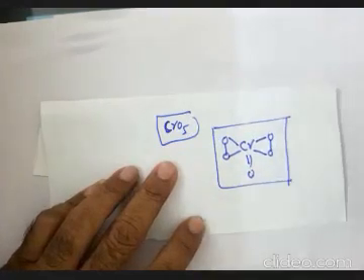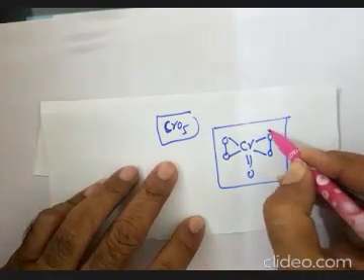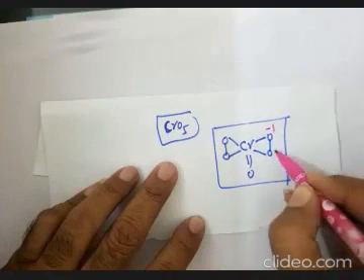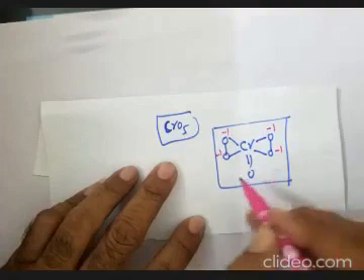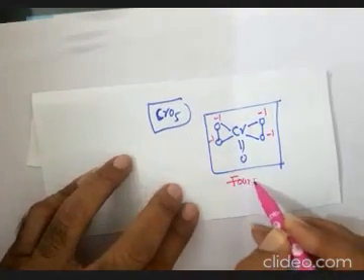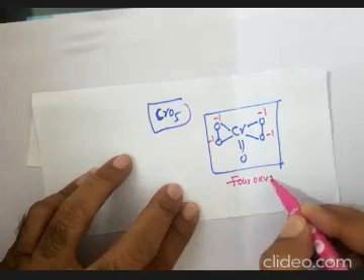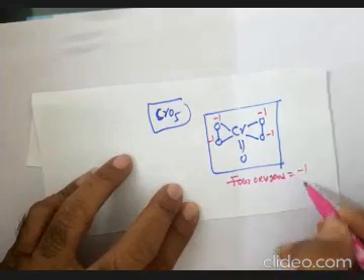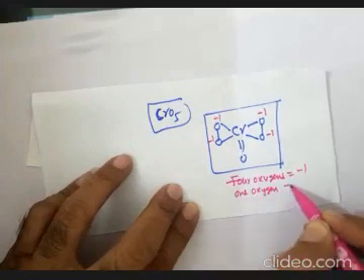Out of 5 oxygens, 4 oxygens are in the peroxy mode, showing -1 oxidation number, and 1 oxygen is -2.